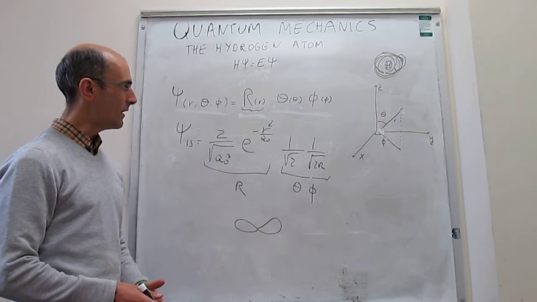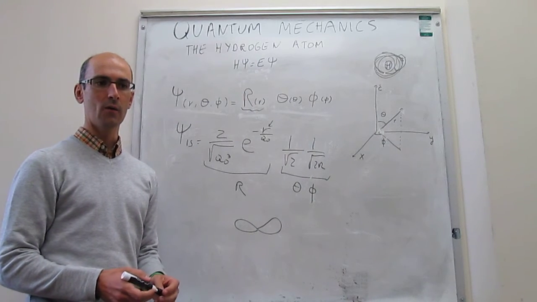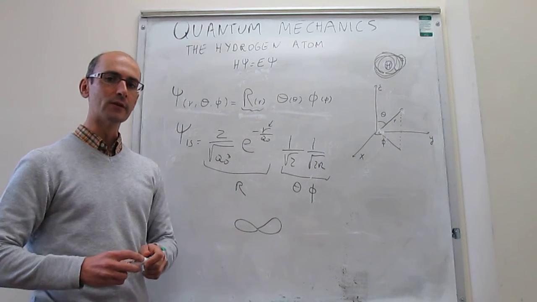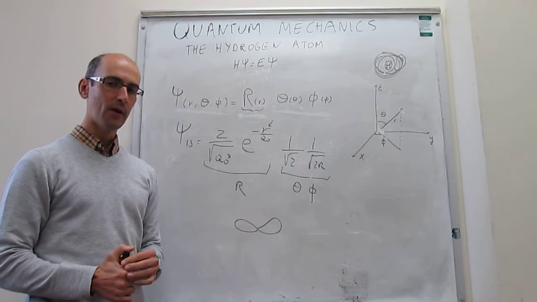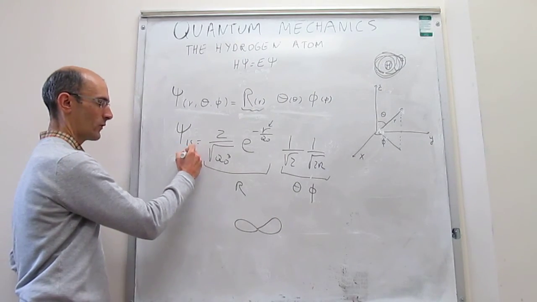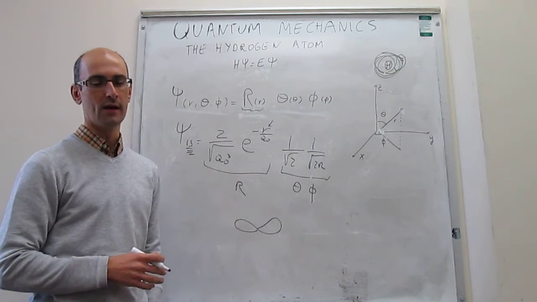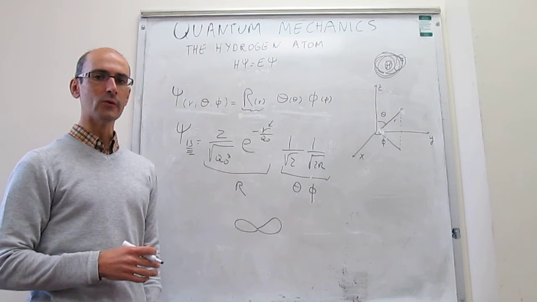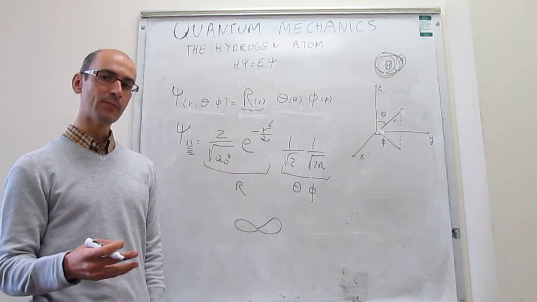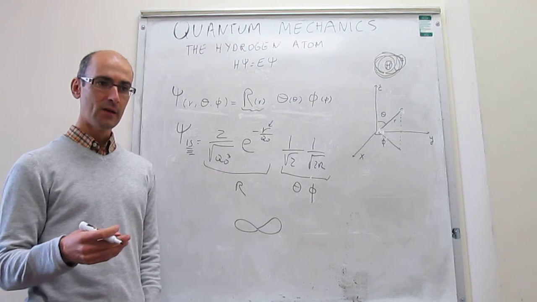Okay, so in summary, what we've done in this video is try to take a first look at how to analyze, how to think about the wave functions in the hydrogen atom. What we have learned is that the orbitals that we have used in other courses, the 1s, the 2s, the 3s, 2p, 3p, 3d, all those are simply solutions of the Schrodinger equation for the electron in the hydrogen atom.